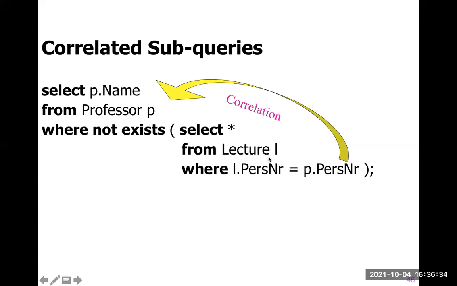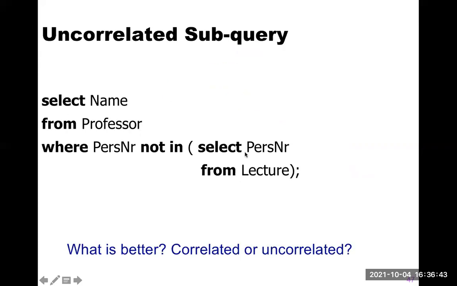I need to scan the lecture table as many times as there are professors. So if I have 50 professors, I need to scan the lecture table 50 times. And here, just a single scan. That's if execution is naive, or nested loops.